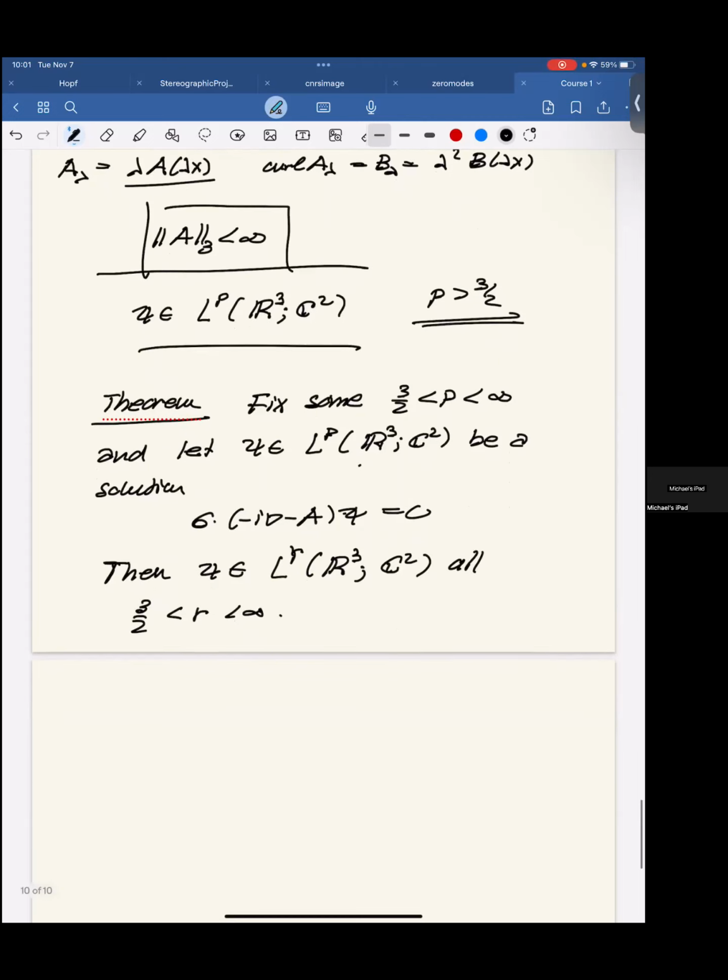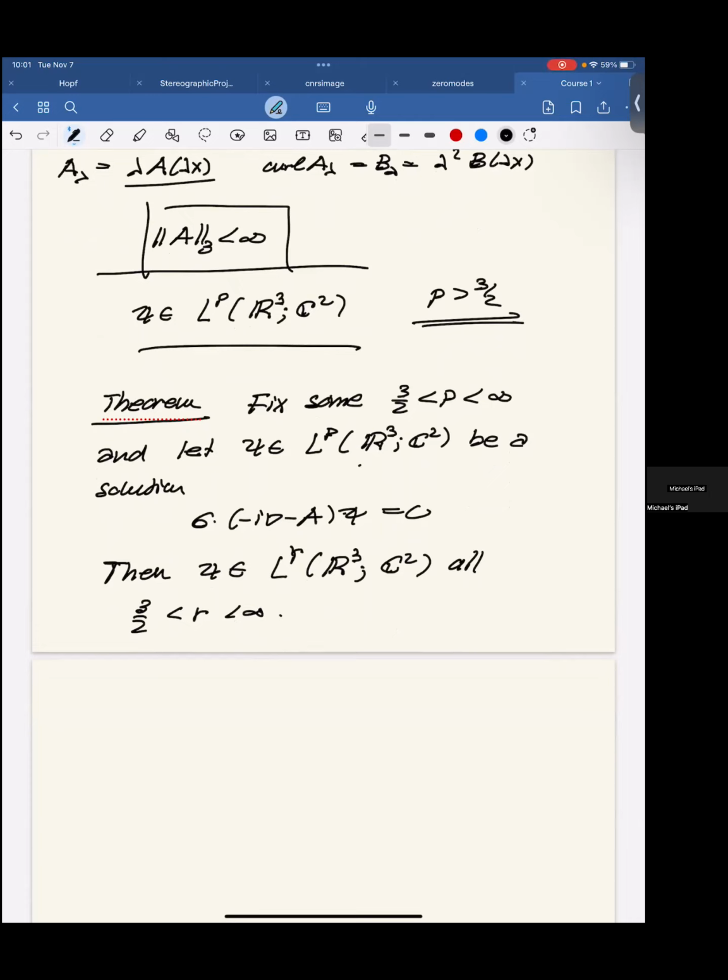Okay? So in particular, it's automatically in L2. Does this answer your question? Yeah. Mm-hmm. Right? So this is kind of neat.